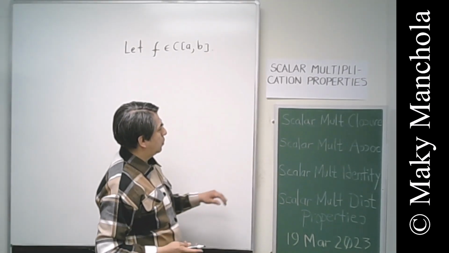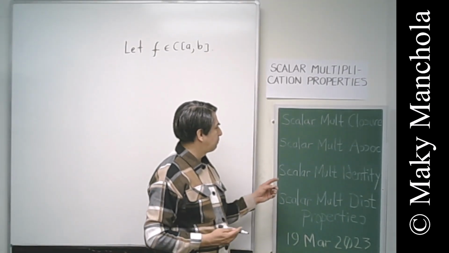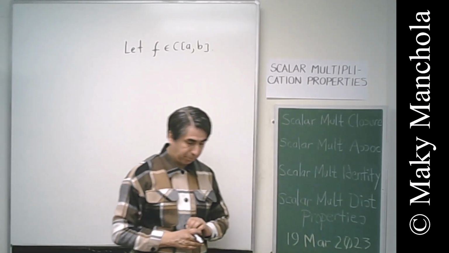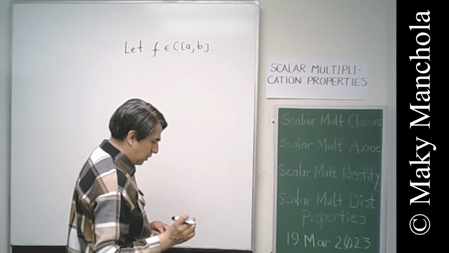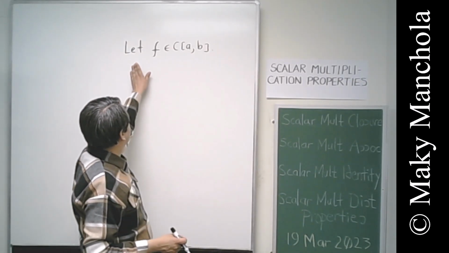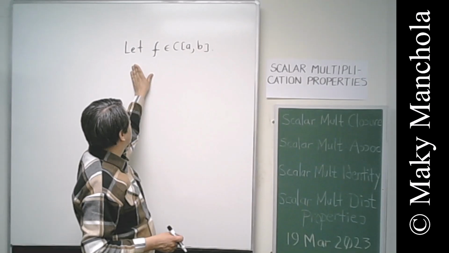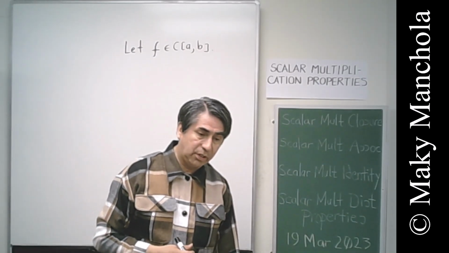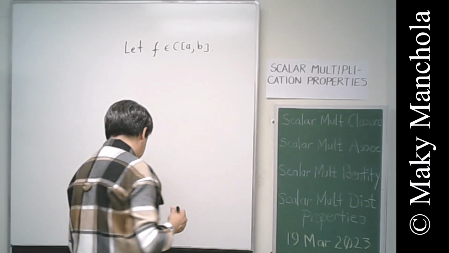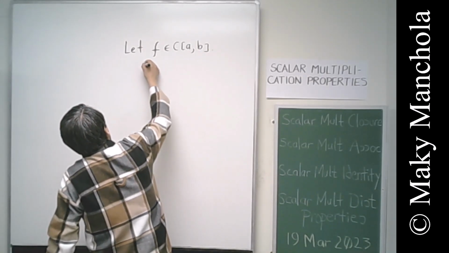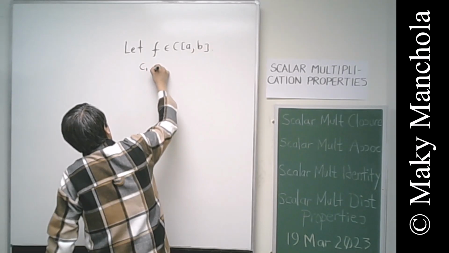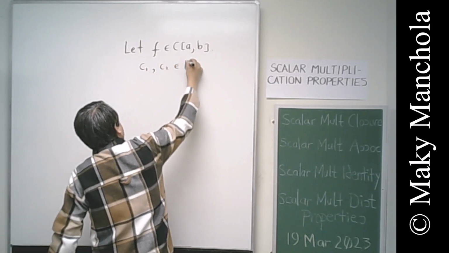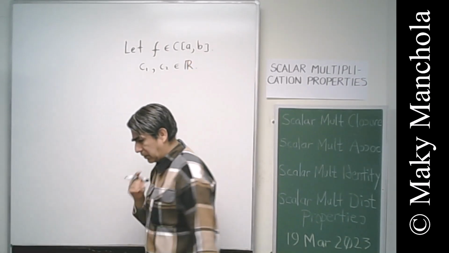Now we want to establish the scalar multiplication associativity. So what do we have? We have a continuous function f on the interval from a to b inclusive, and two constants, c1, c2, and these are real numbers, two real constants.